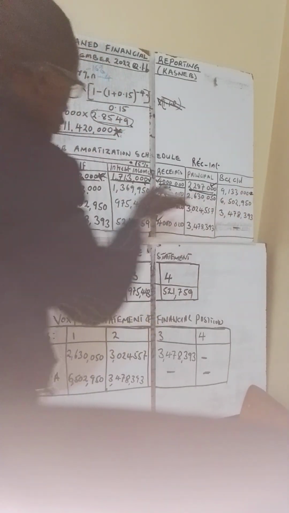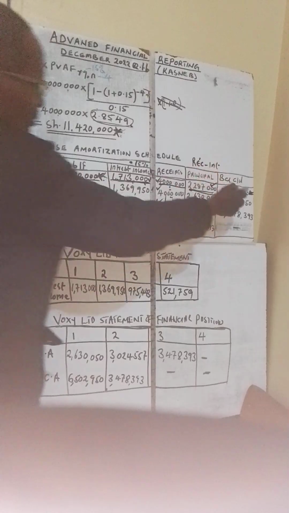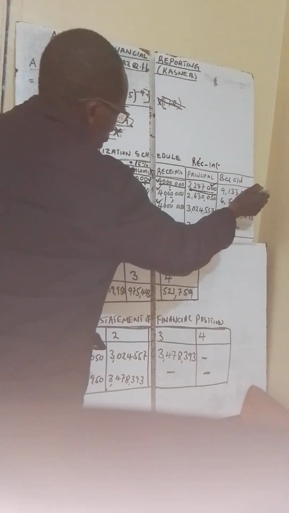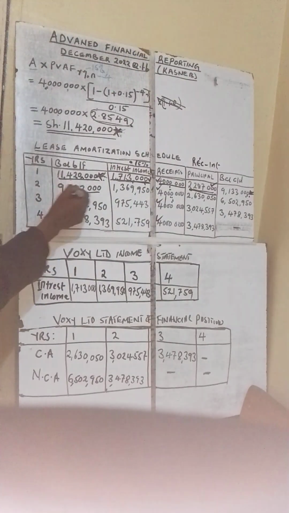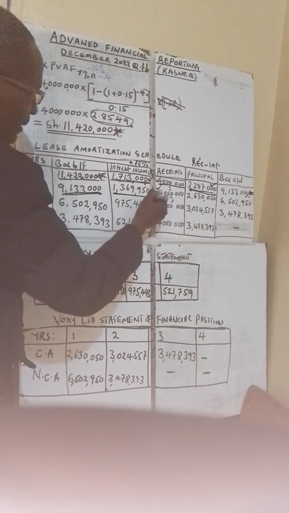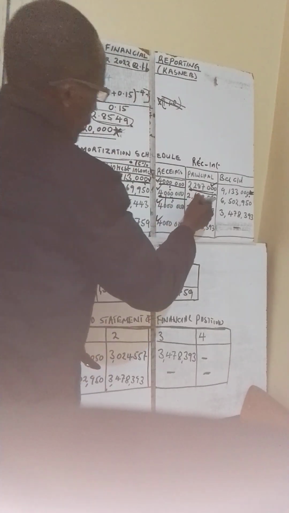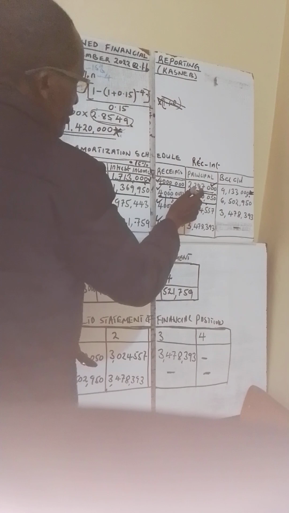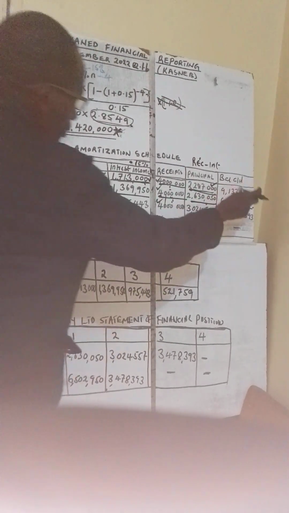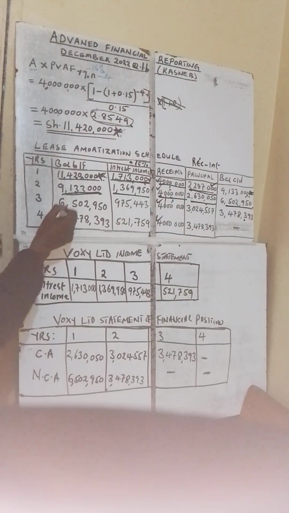Once you get this figure for year one, it becomes your opening balance. Whatever you are closing with becomes your opening balance. Repeat the same process. Multiply by 15%. The receipts remain constant. Receipts minus interest, and then the balance carried down. This becomes your opening balance, repeat the process.